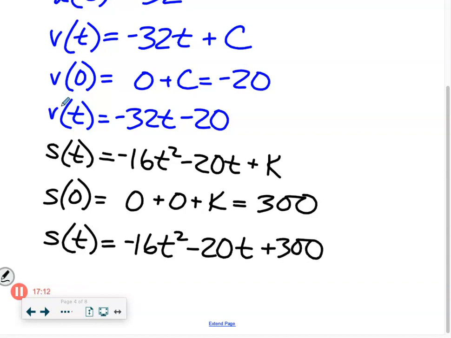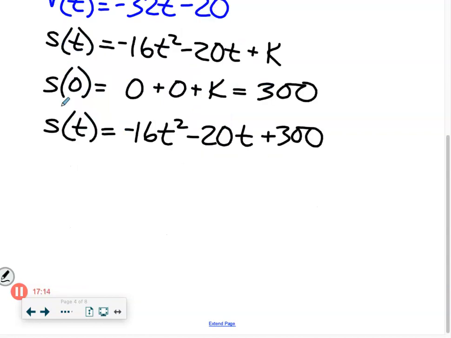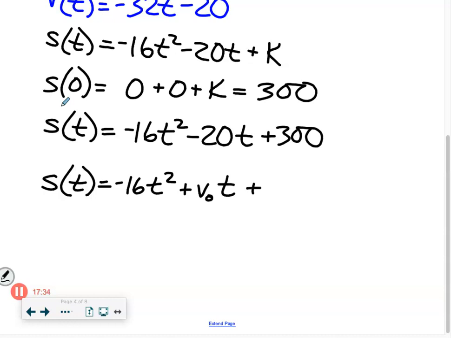If I didn't give you the 20 or the 300, if I just said find a generic position function, you would end up with negative 16t squared plus v sub 0 t plus s sub 0.